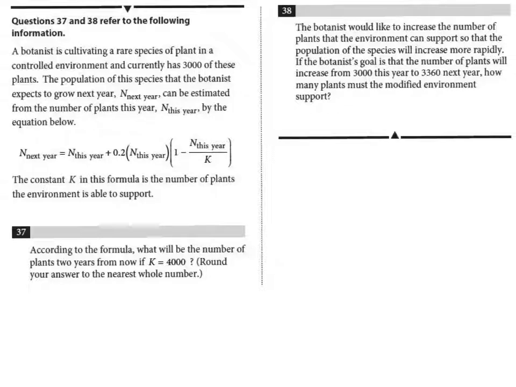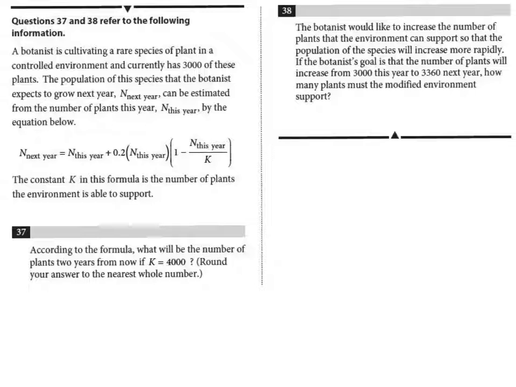A botanist is cultivating a rare species of plant in a controlled environment and currently has 3,000 of these plants. The population of the species that the botanist expects to grow next year can be estimated from the number of plants this year by the equation below.